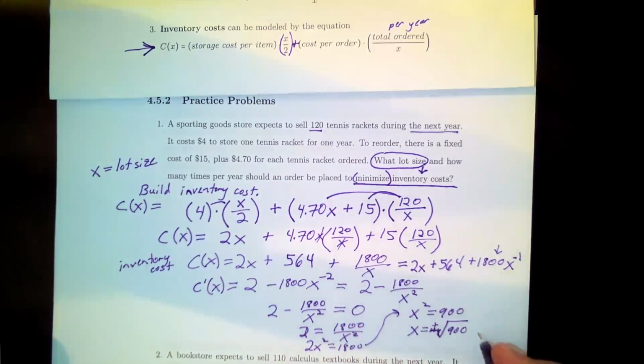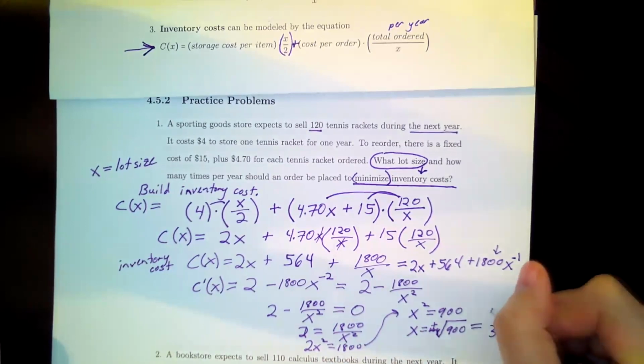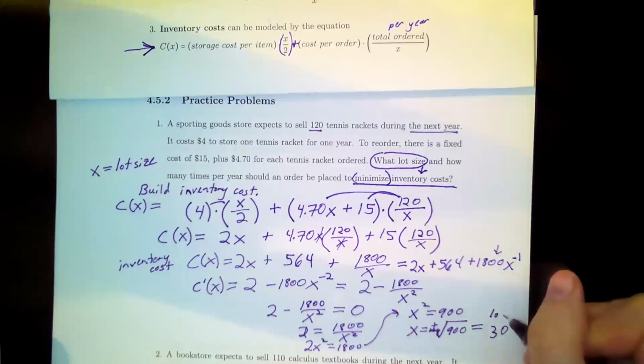That's not something that's possible in the real world. So we only consider the principal positive root because it doesn't make sense to have negative items. What's the square root of 900? It's 30. So we find that we get one critical number, and it's 30.